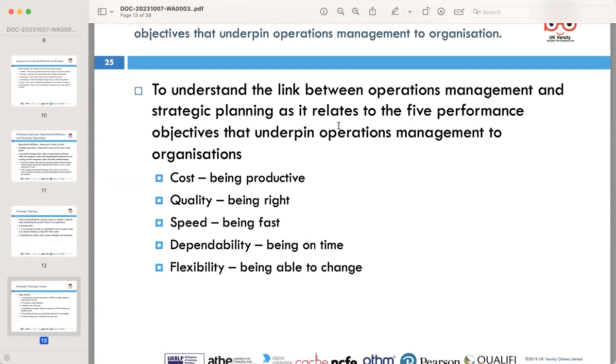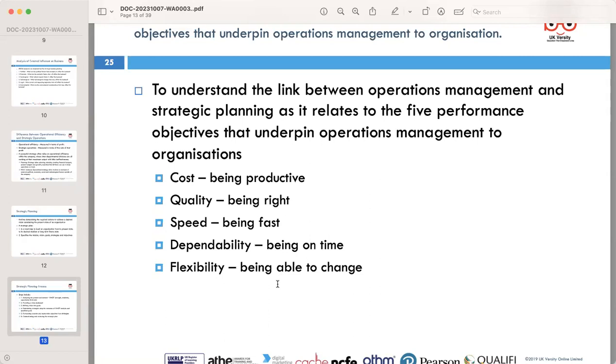Then we come to speed. Being fast, speed is the turnaround time between customers ordering a product or service and the point at which they receive it. Dependability, being on time. So dependability means that customers can rely on your organization to receive their goods or services as and when promised, on time.